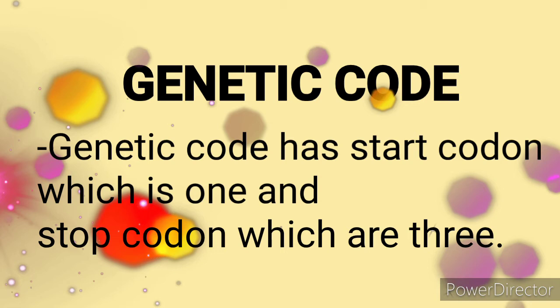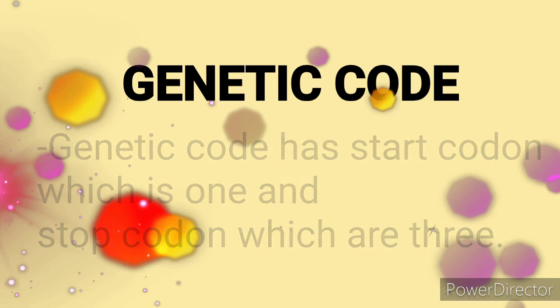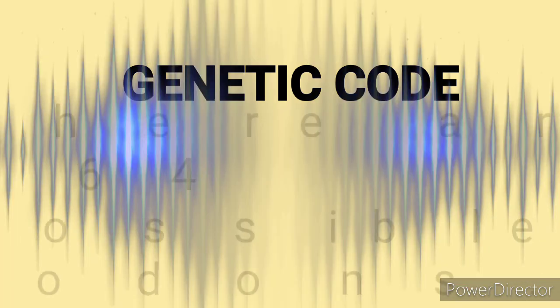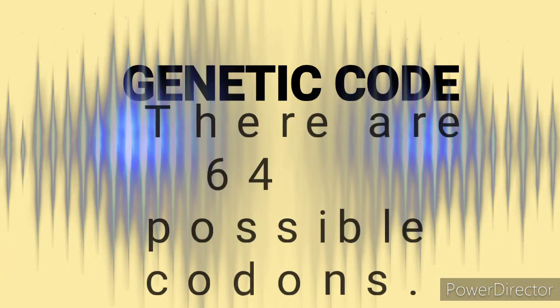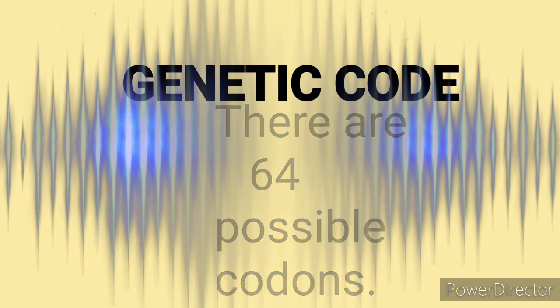And the stop codons are three codons, that is UAA, UGA, and UAG. These are known as the terminators of polypeptide chains. Now, there are 64 codons, which are universal, found in all organisms.